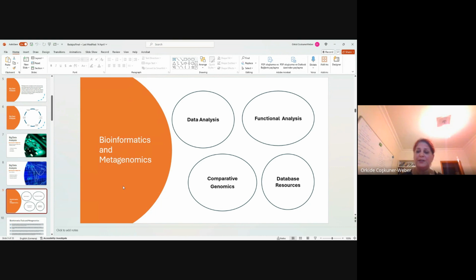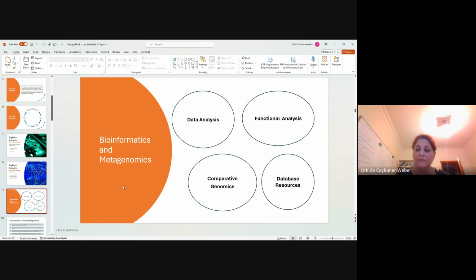By comparing the genetic content of microbial communities, we can identify conserved genes, unique features, and differences in functional potential across samples. These comparative genomic analyses provide insights into the adaptability, diversity, and evolutionary relationships of microbial populations in different habitats.